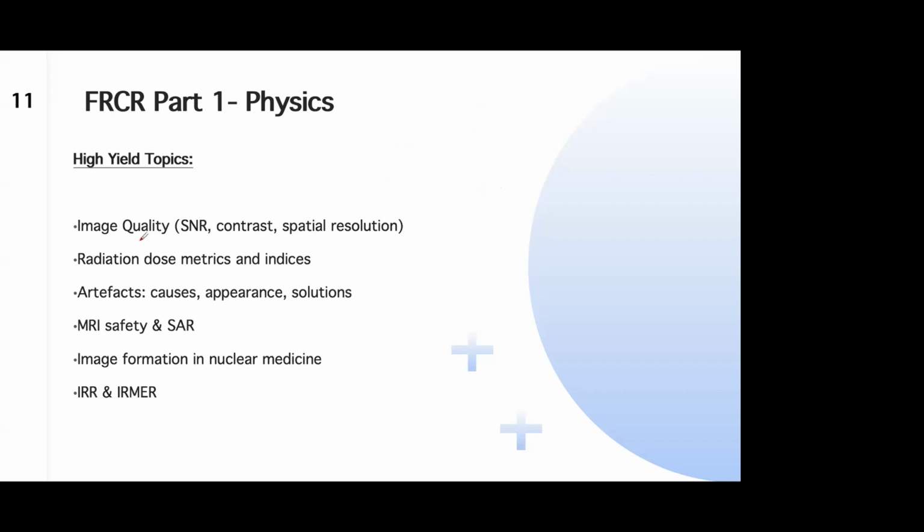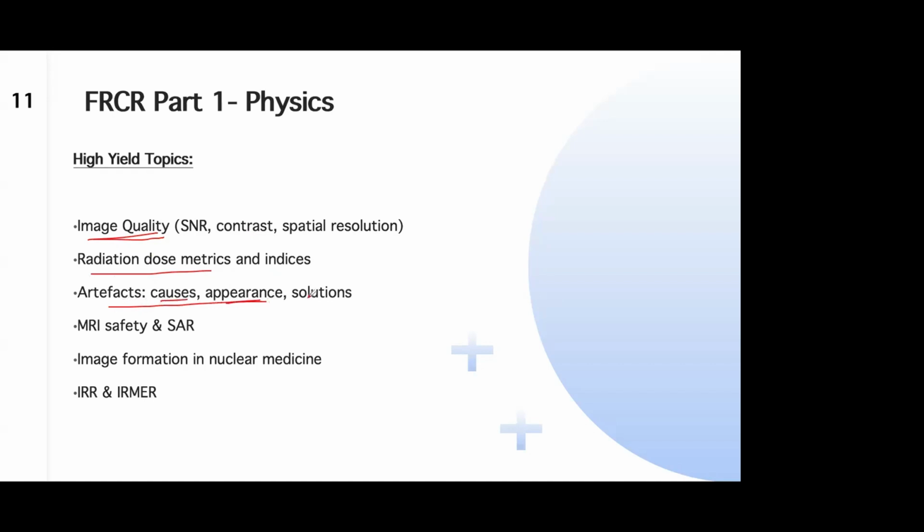The most important topics for FRCR Part 1 physics will be image quality, that is factors governing image quality of all the modalities: X-rays, fluoroscopy, mammography, MR, CT, ultrasound; then radiation dose metrics and indices, and artifacts. So if there are artifacts, what is the cause of the artifact?